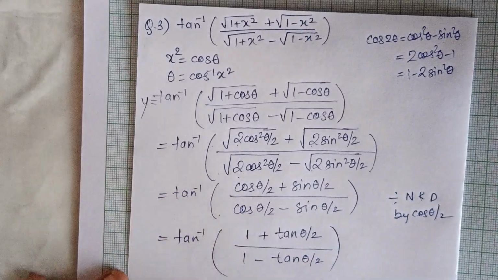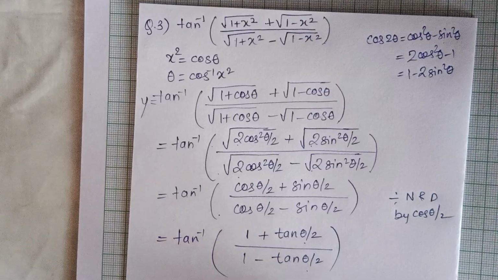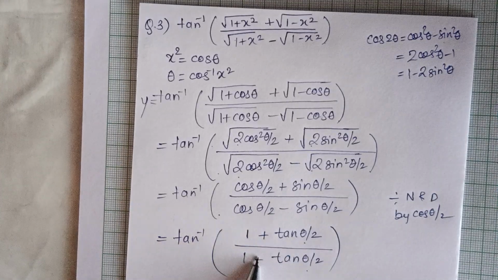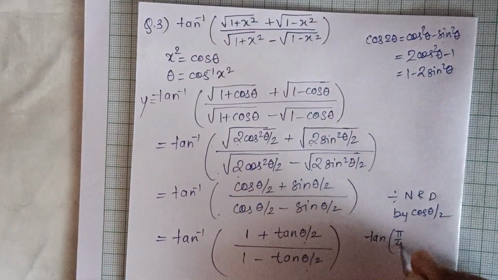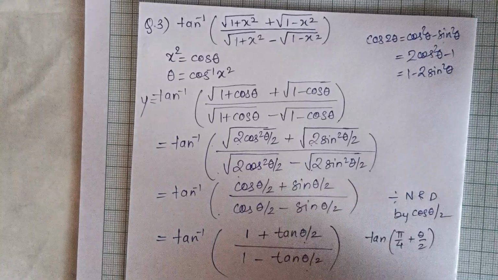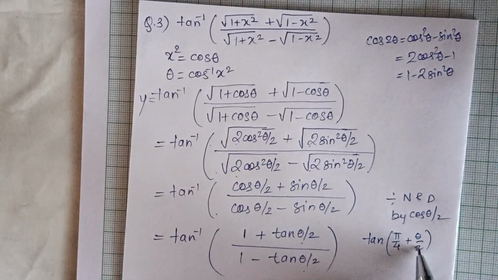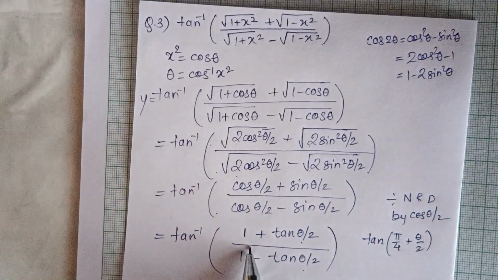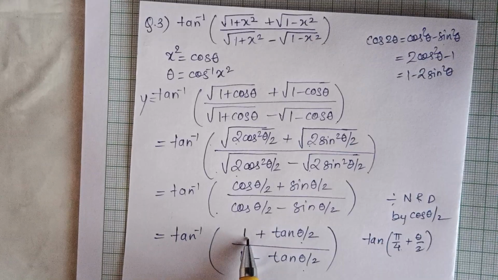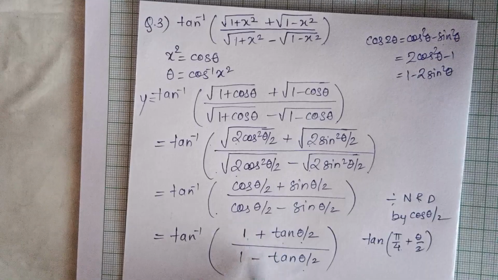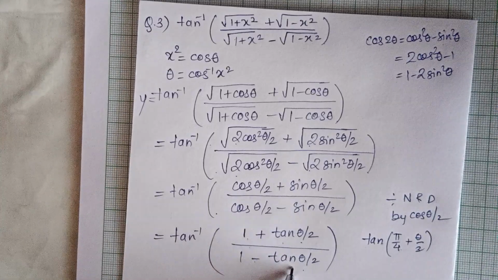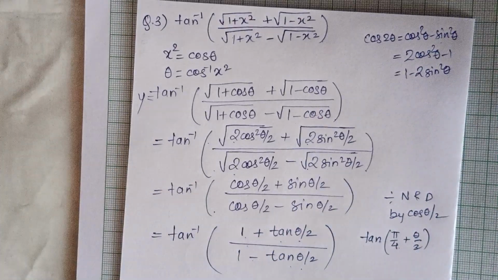Now there is a direct formula for this also, that is tan of pi by 4 plus theta by 2. In other way, if you take tan of pi by 4 plus theta by 2, this is tan a plus b. So tan a, that is tan pi by 4, 1 plus tan theta by 2 upon 1 minus tan pi by 4 into tan theta by 2.